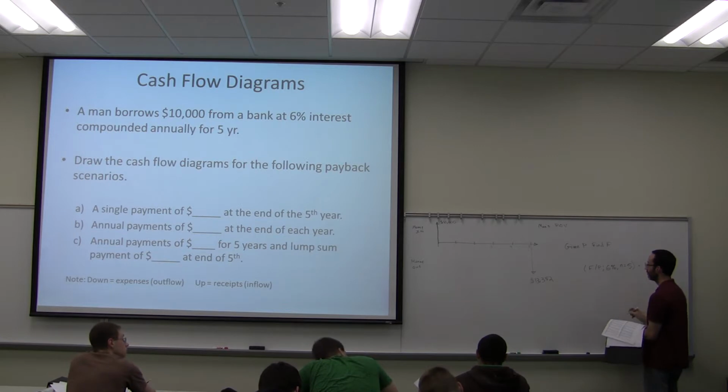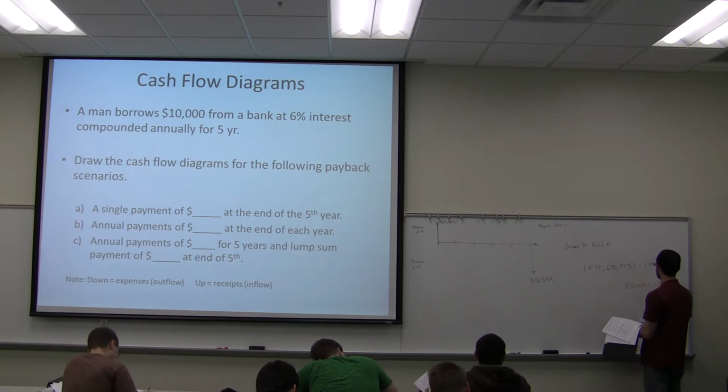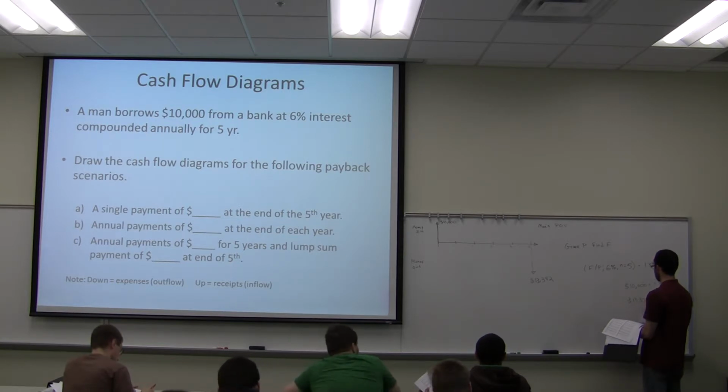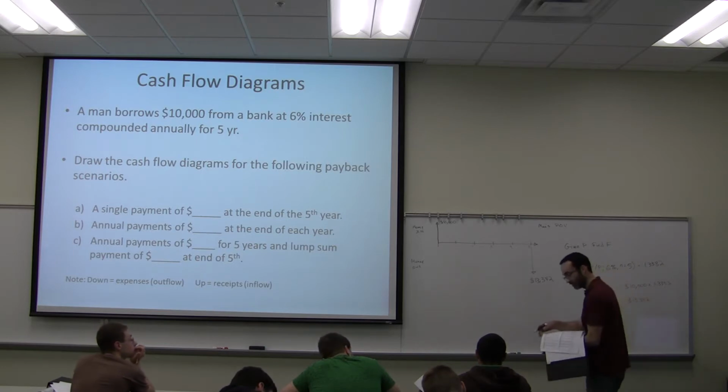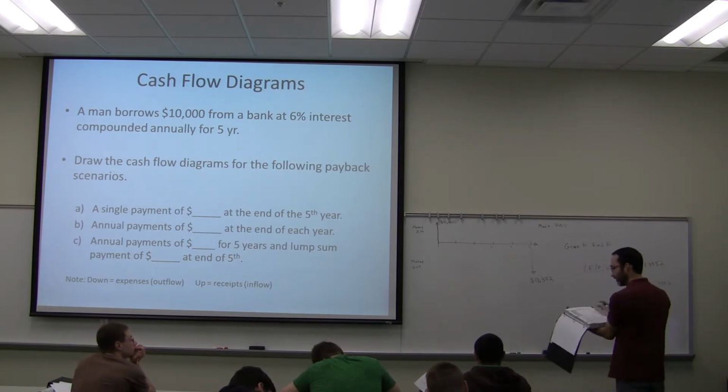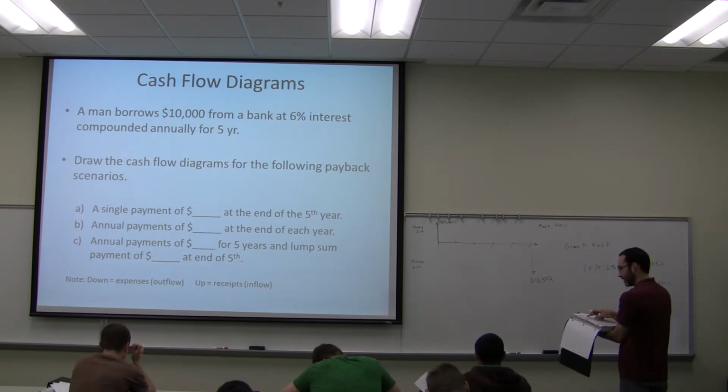1.3382. And so if we multiply $10,000 by 1.3382, we get $13,382, which is the same as if we had used the formula. Look in the front part of this: it tells you it converts to future, given present.